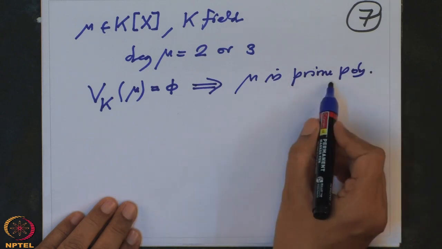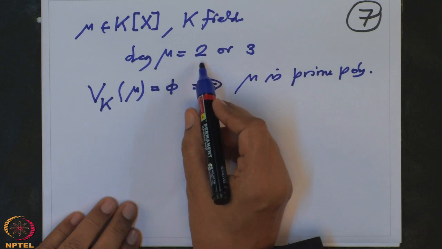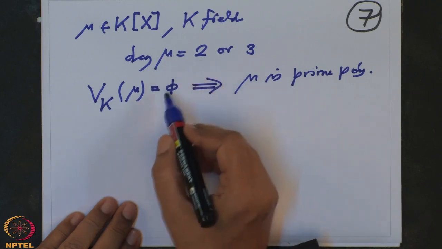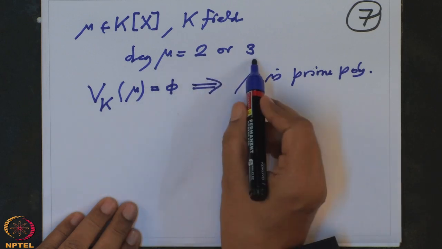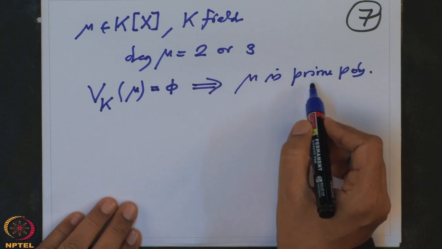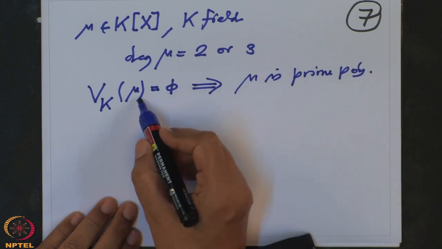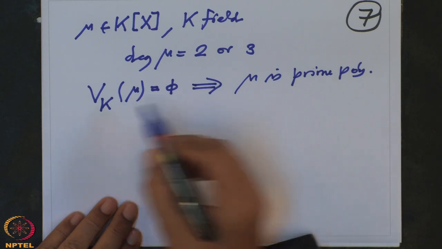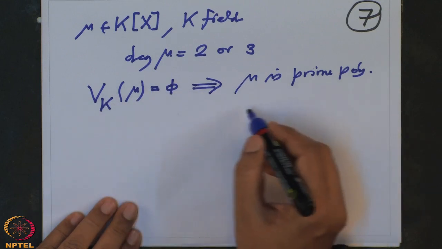because if mu is not prime, it factors. Because the degree of mu is 2 or 3, one of the factors has to be linear if it factors. But it cannot be, because linear factors correspond to the zeros of mu inside K. So, if there is no 0, mu is a prime polynomial.